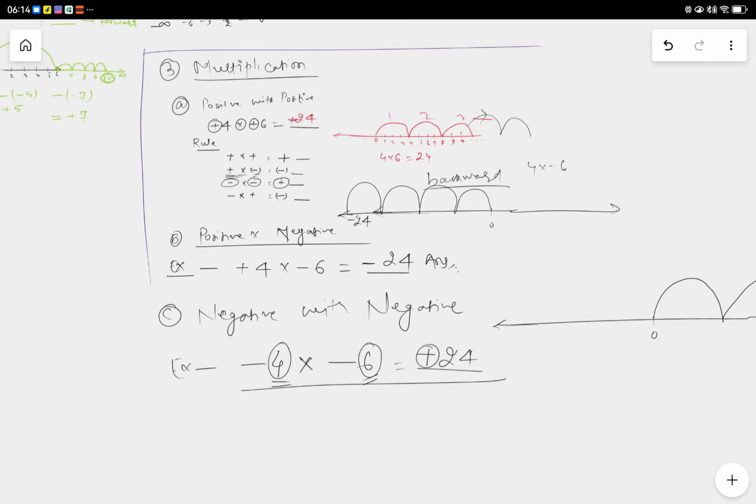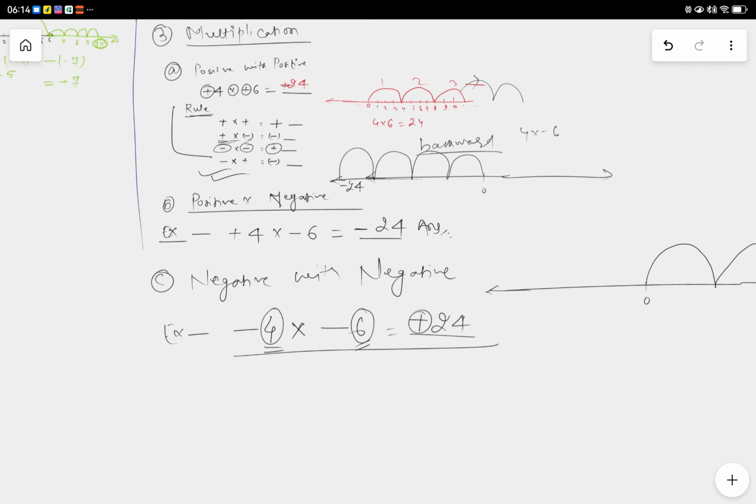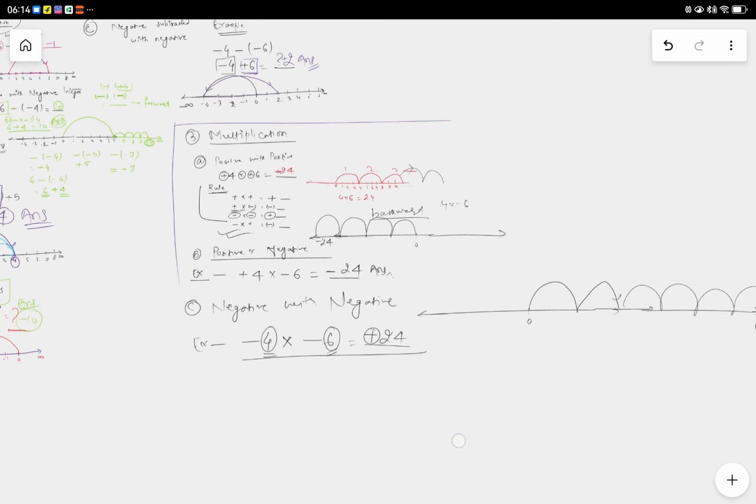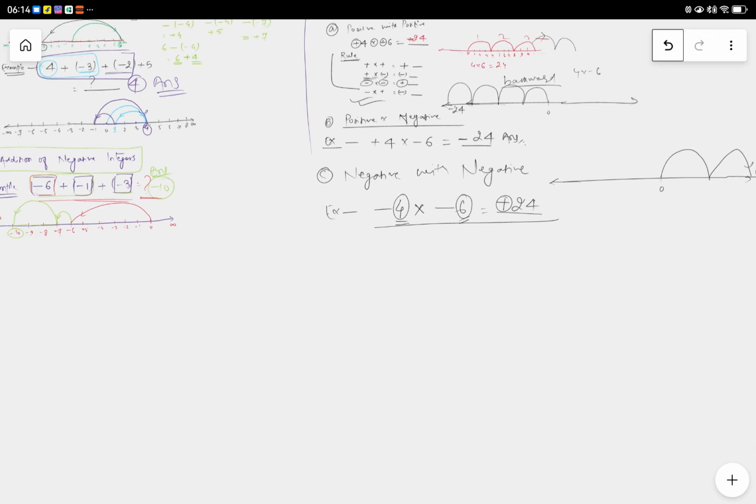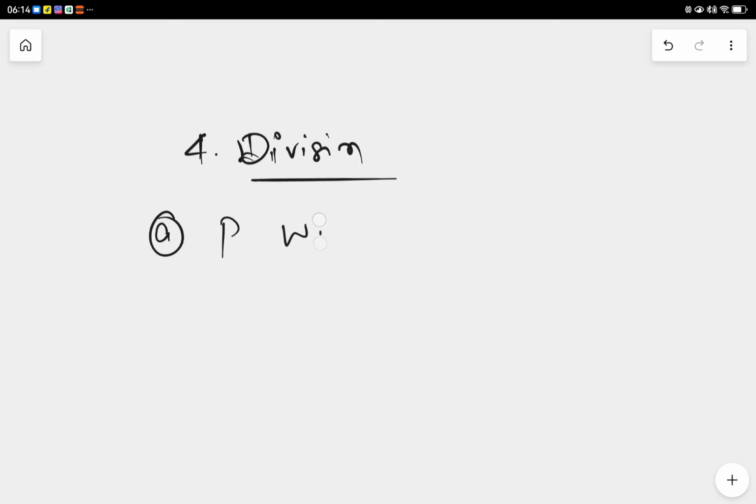The same rule applies for division as well. So let us understand division, the final one. First, positive with positive.